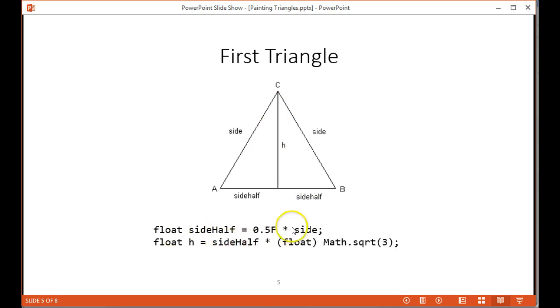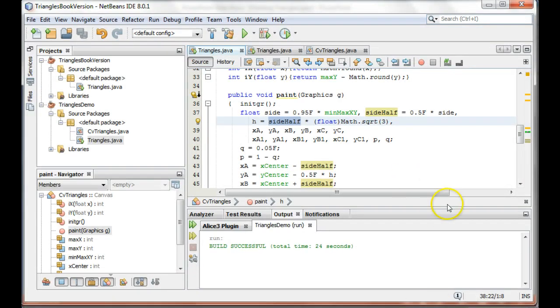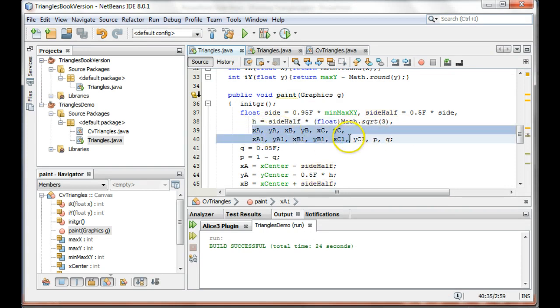We're saying side half is half the length of a side, and then h is that side half times the square root of 3. So that's where that comes from. Okay, so then in the next video we'll start talking about all these vertices.